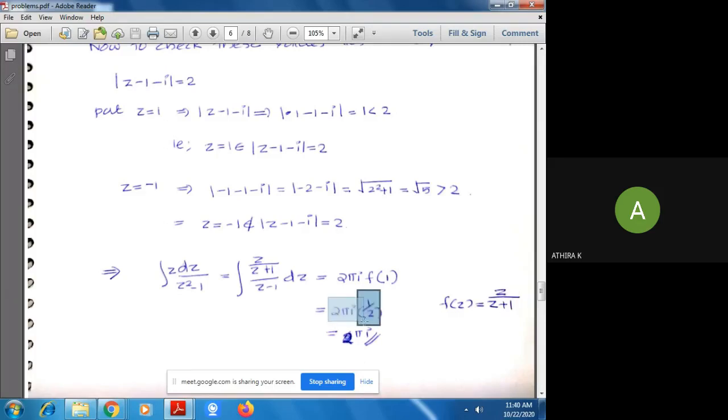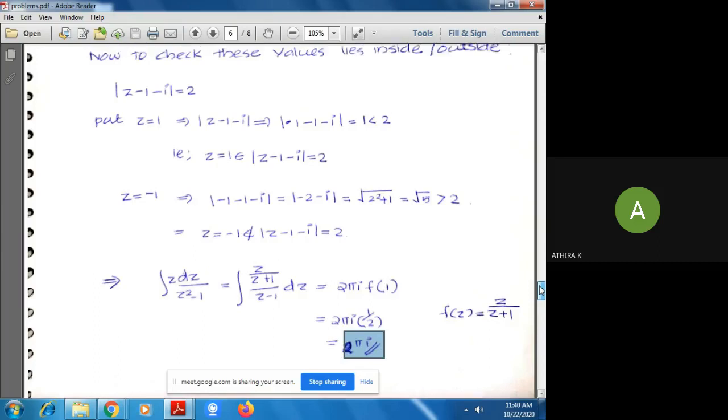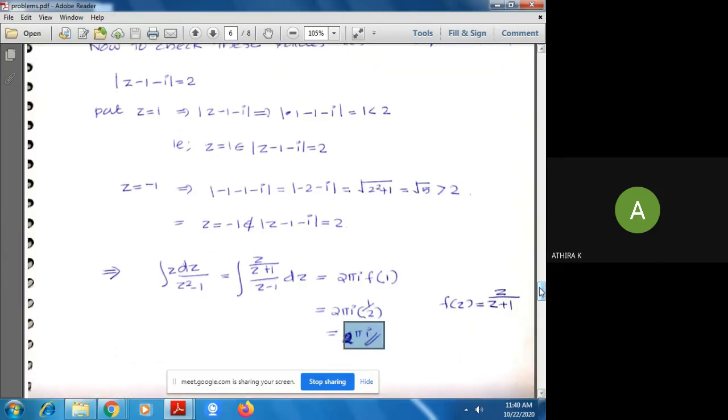That means 2 pi i into 1 by 2 equal to pi i. Is it clear? So our integral value of z divided by z square minus 1 is equal to pi i. Is it clear?